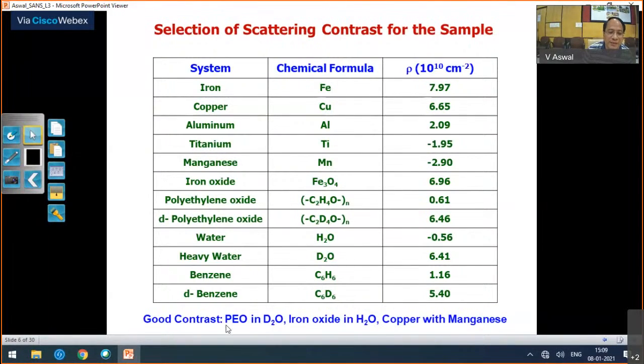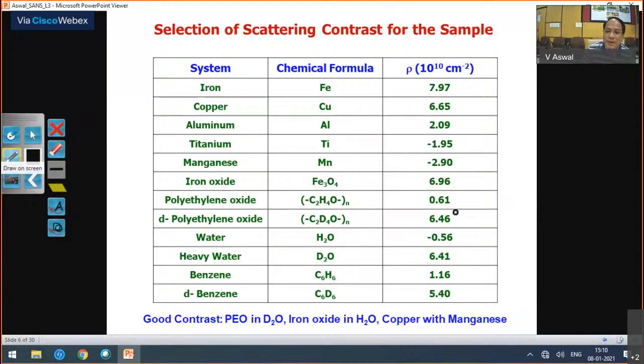Then you could see, let's say, if you have a hydrogenous polymer PEO, then PEO will not give good contrast when you prepare it in H2O. So this is 0.61, this is minus 0.1. But if you prepare it in heavy water, D2O, then it gives very good contrast.